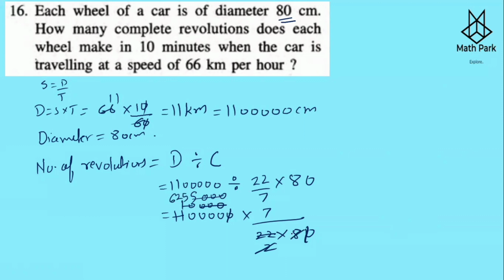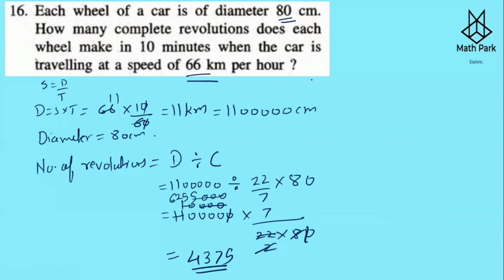So you get 625. Now 625 multiplied by 7, you get 4,375 revolutions are needed in 10 minutes when the car is traveling at the speed of 66 km per hour.